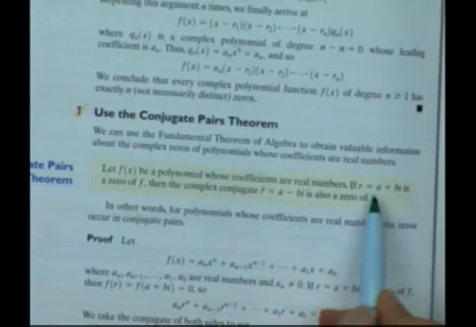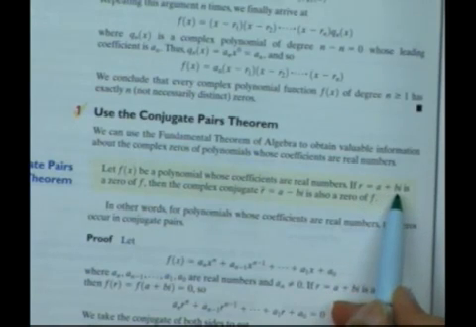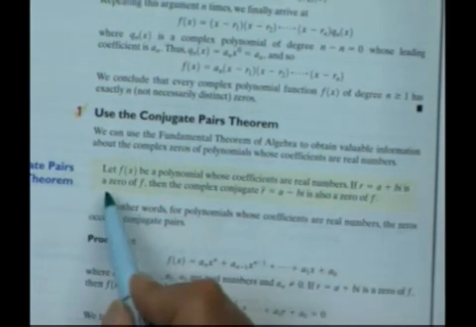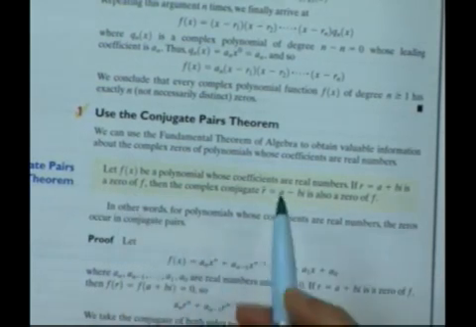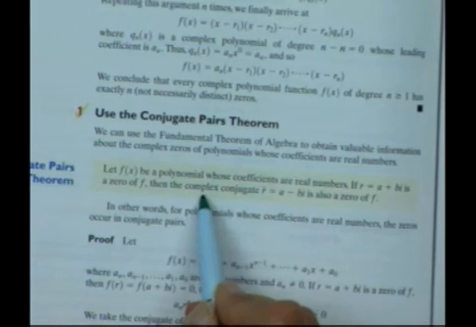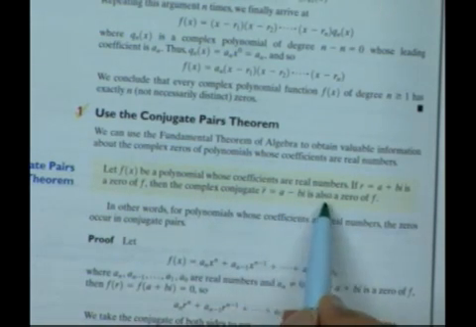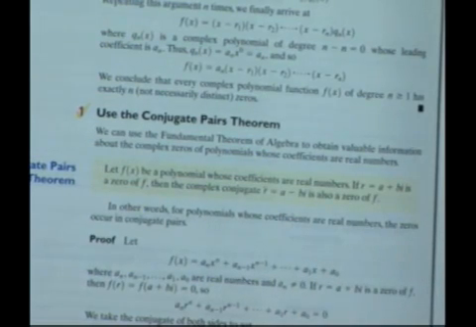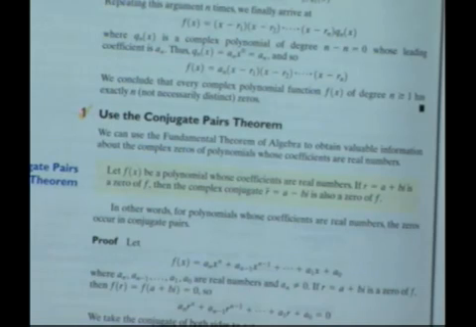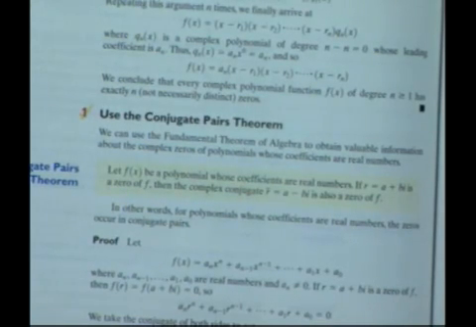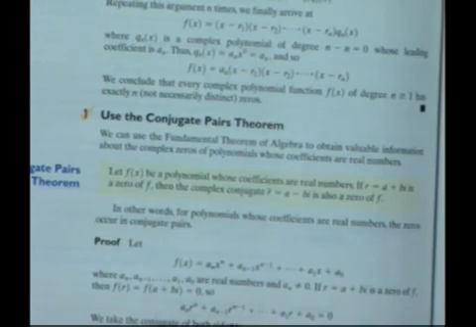If the complex number a plus bi is a zero of the function, then the complex conjugate a minus bi is also a zero of the function. And all that does is that comes right out of the quadratic formula. That's where you're getting them from, the quadratic formula. Okay? All right. Let's look at the other theorems here, and then we're going to work a book.